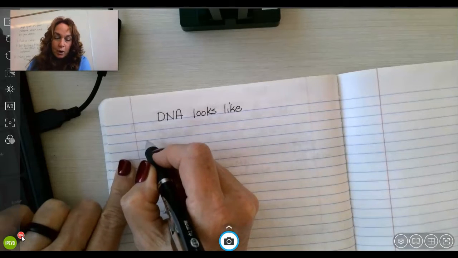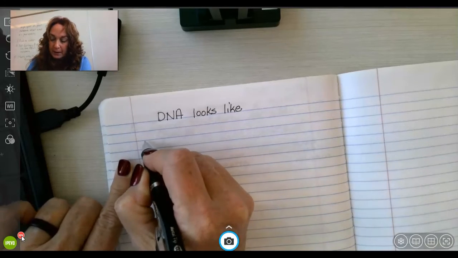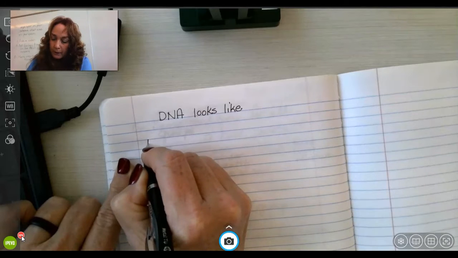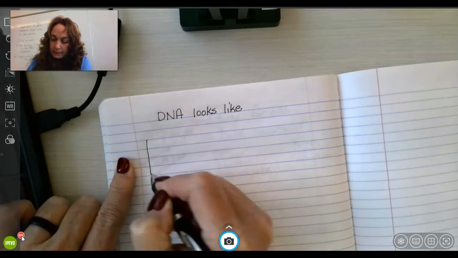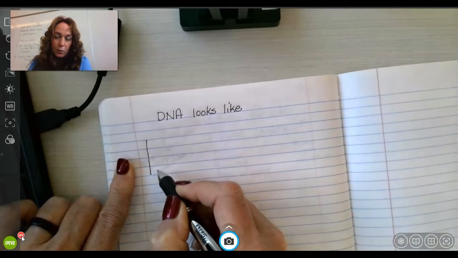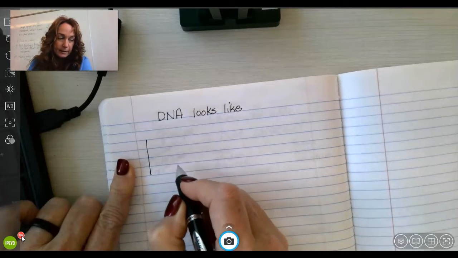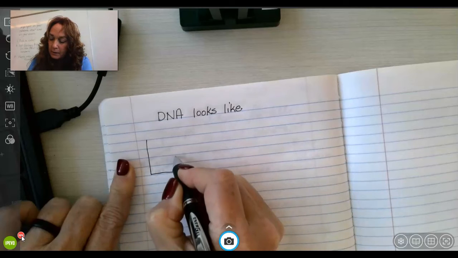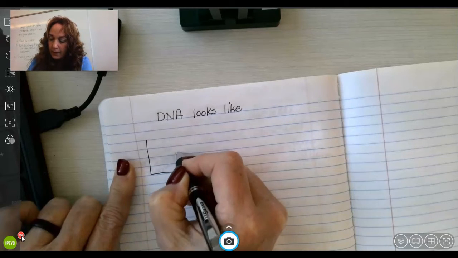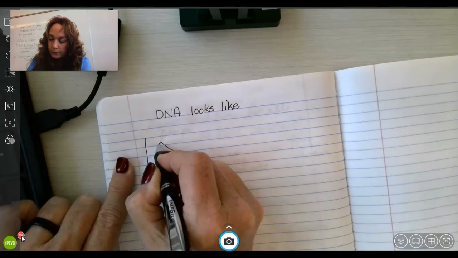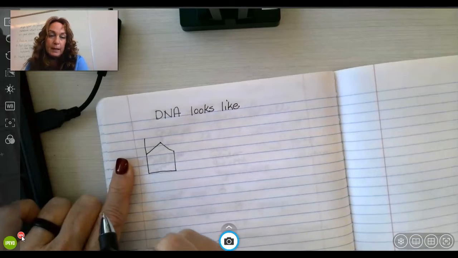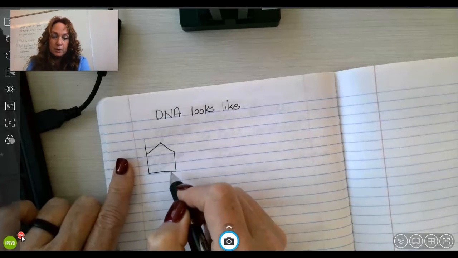So the way I draw it, I usually draw a straight line like this. Notice I'm using like 4. You can do whatever you want, but it just gives me some kind of proportionality. Then I'm going to make this look like a house with a roof and the biggest chimney ever. I don't know why it's so tall, but that's what it looks like.